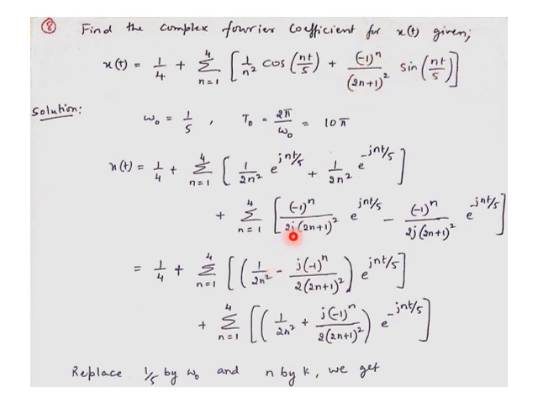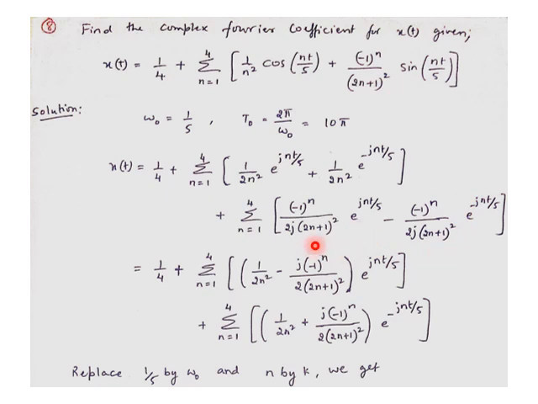So minus 1 to the power n divided by 2j into 2n plus 1 whole square e to the power j nt by 5, minus minus 1 to the power n divided by 2j into 2n plus 1 whole square e to the power minus j nt by 5. So this will be the second set of terms along with sine nt by 5. So I just expanded in terms of cos and sine for a given x of t.